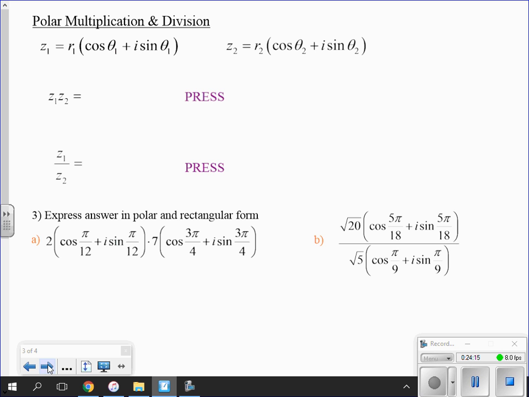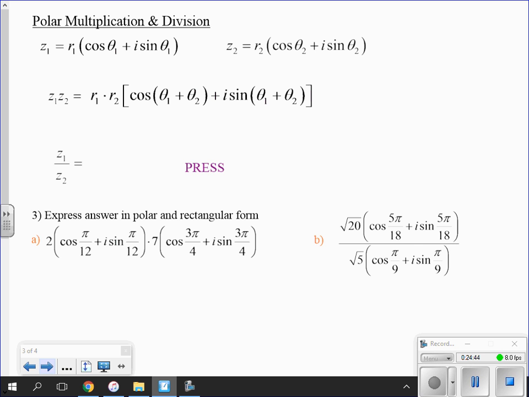If I want to multiply these 2 polar coordinates, you multiply the r's and add the angles. Multiply the r's and add the angles. So if you're doing multiplication, you multiply the real numbers out front, add the angles for the sine and cosine.